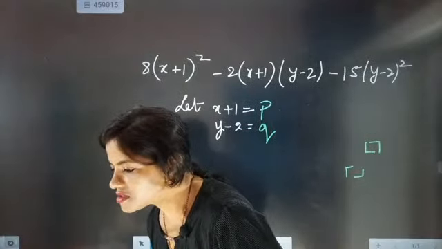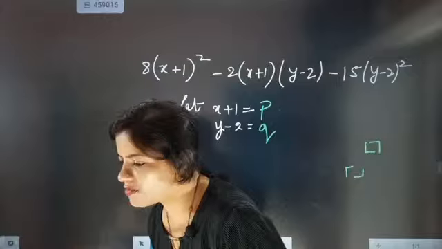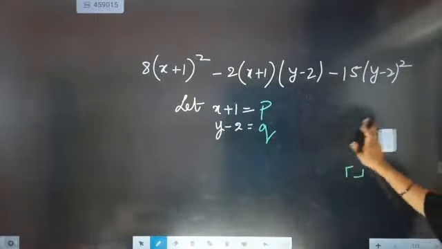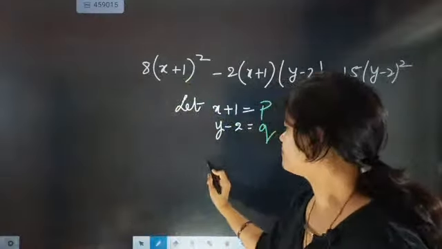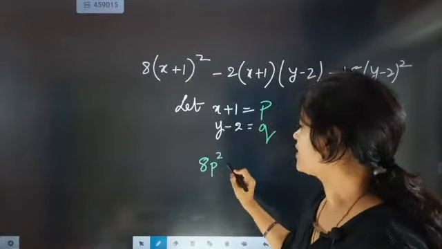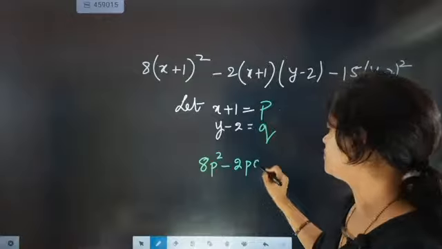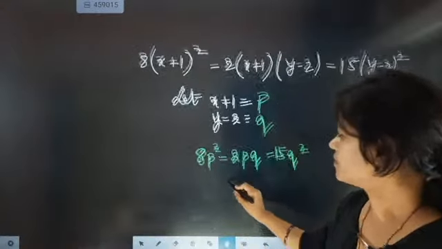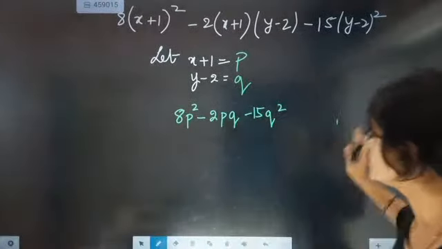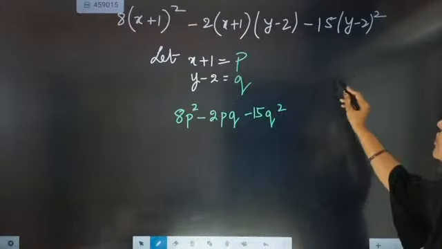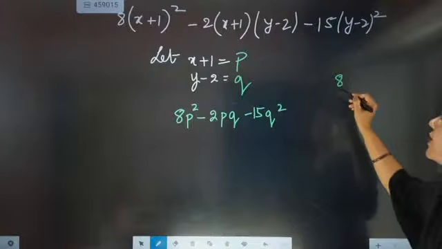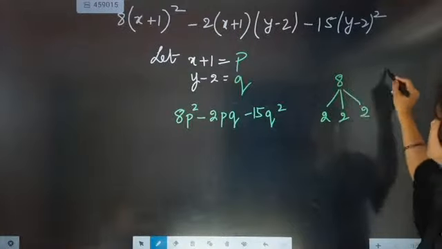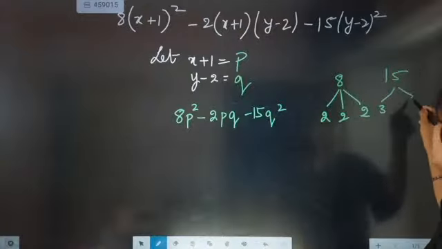Okay, Vishal, the answer is coming as 8x plus 15y minus 24 into 2. Wait, Vishal, just substitute this one. It will become 8p square minus 2pq minus 15q square. Now when this question is coming, first find the factors of 8 and 15. 8 is 2, 2, 2 and 15 is 3 and 5.